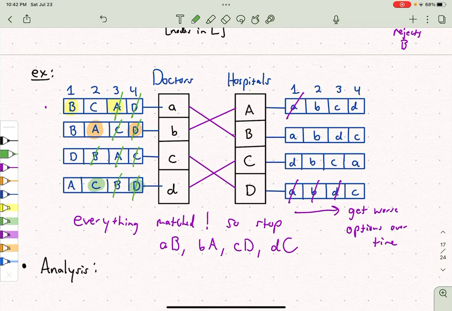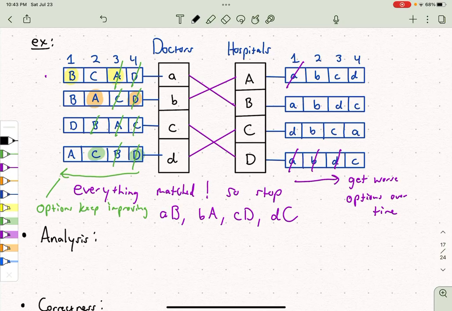But on the other hand, for doctors, at each iteration, their options get better and better. So for doctors, options keep improving. From the hospital perspective, they no longer have a chance of getting their best, whereas from the doctor's perspective, they'll never get a chance of getting their worst. So it looks like things are going really well for the doctors and pretty badly for the hospitals.